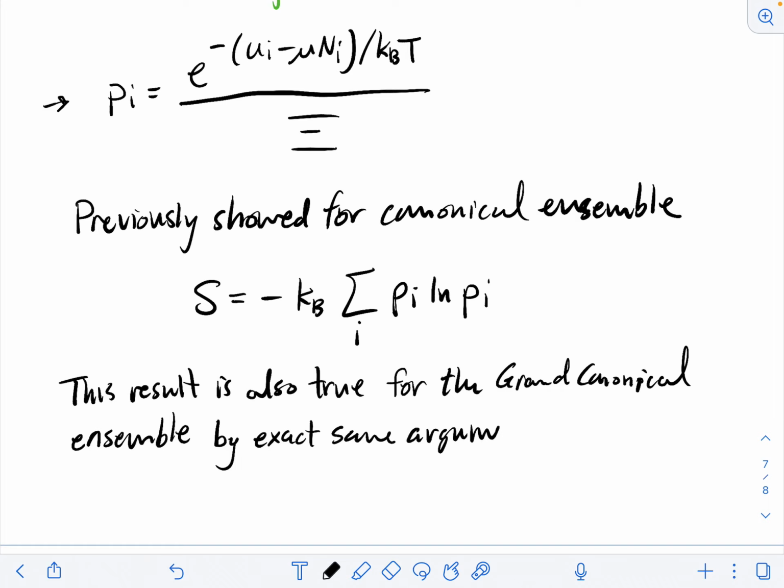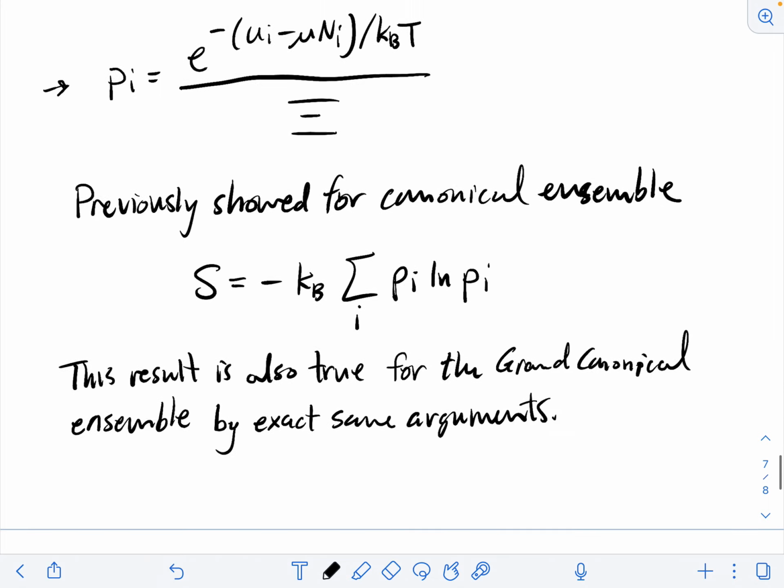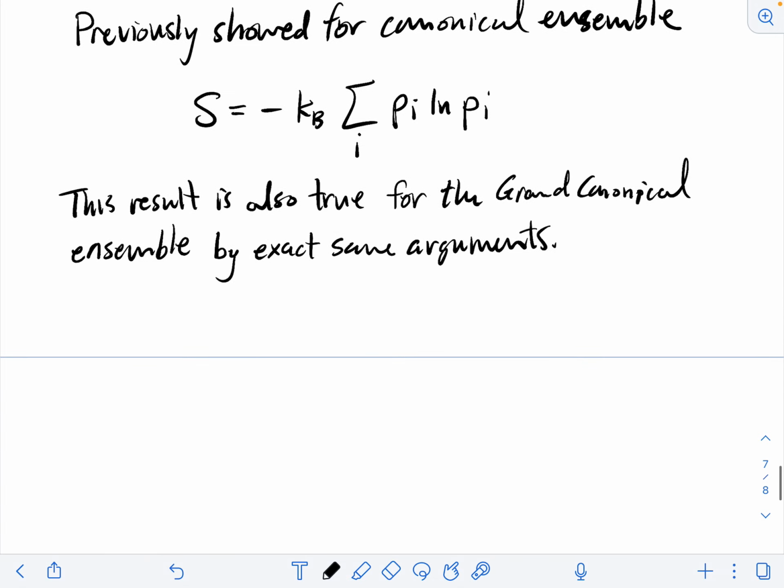And so this follows by the exact same arguments. Okay, so the entropy then is minus kB sum over i of p_i, and then we're going to take the ln of p_i.